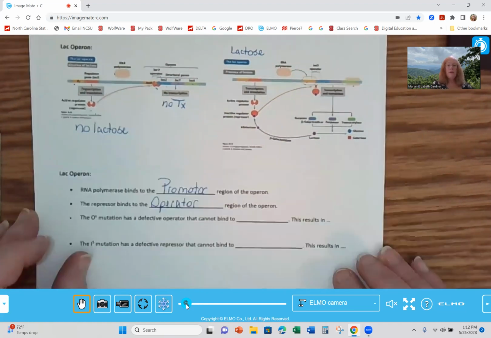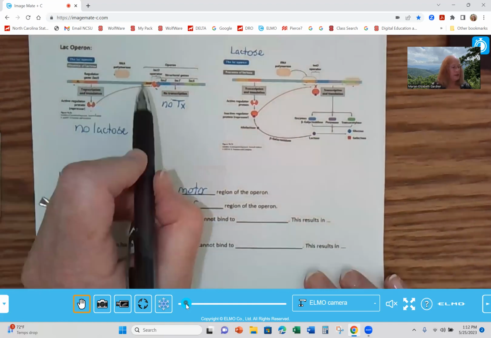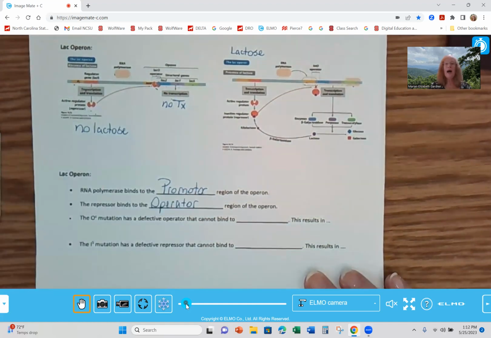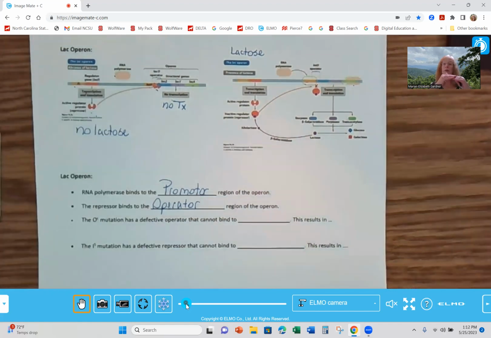Now, we do have various mutations of the lac operon. I'm really hoping that you already have watched the regular lecture video on this. The O-c mutation is a constitutive mutation. It means there's a bad operator region. And if there's a bad operator region, we don't get the repressor binding, because the repressor, in order to bind to the operator, has to fit precisely.